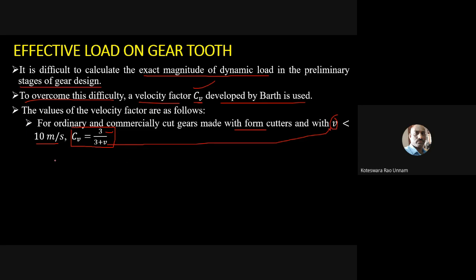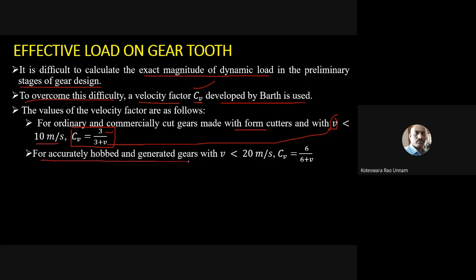Suppose V is more than 10 and less than 20, for accurately hobbed and generated gears with V less than 20 meters per second, you can take CV as 6 divided by 6 plus V.